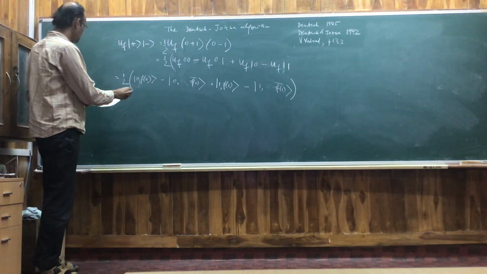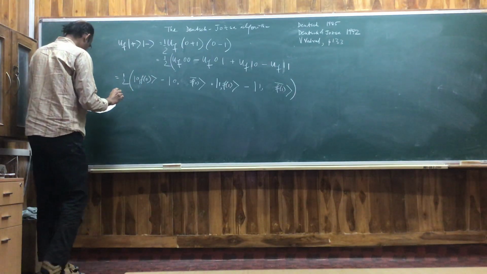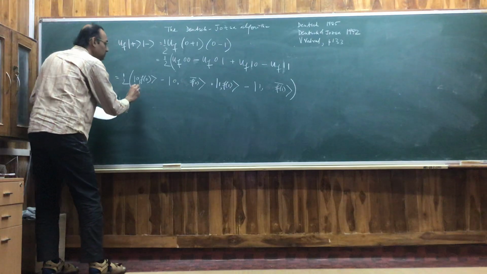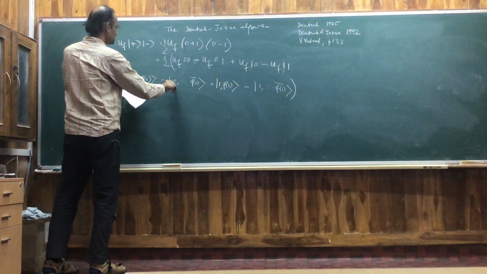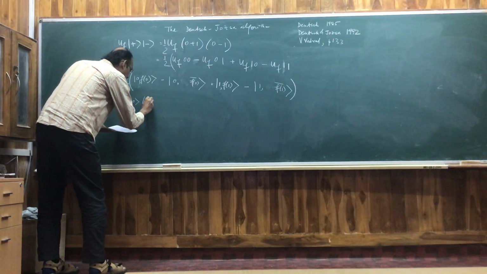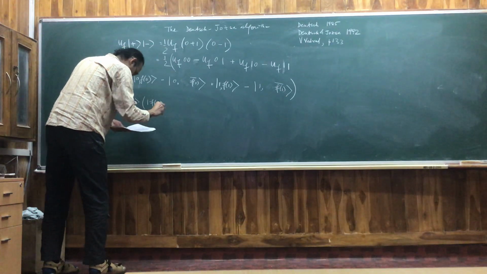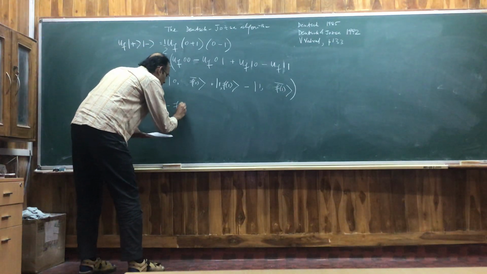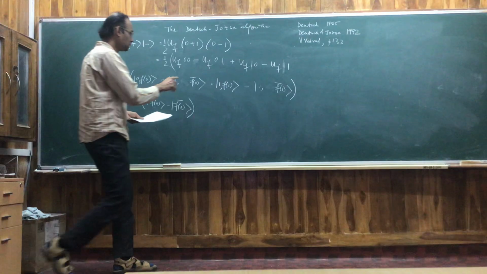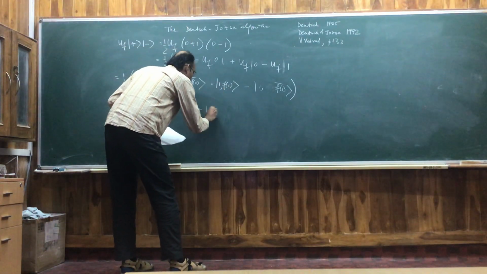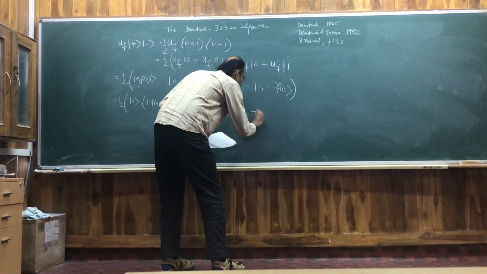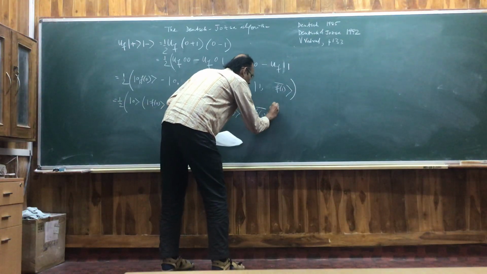Then I can take 0 ket as common, and inside I have F0 minus F0 bar, and then the same thing here, but 1 I take outside, and I have F1 minus F1 bar.